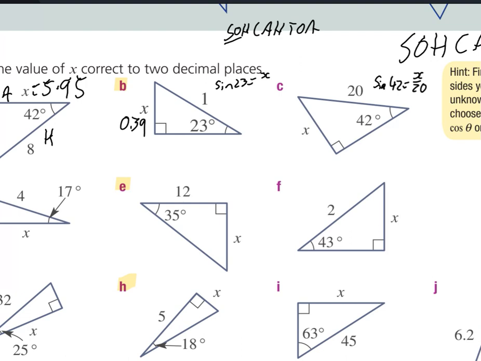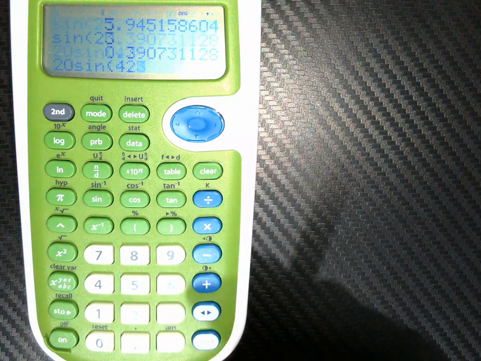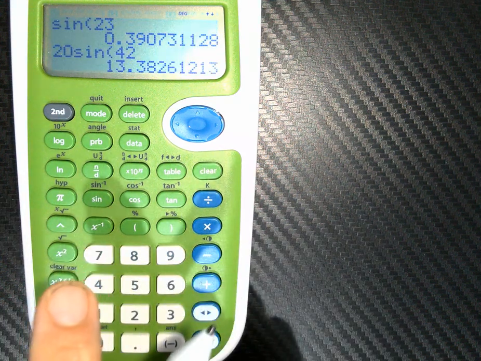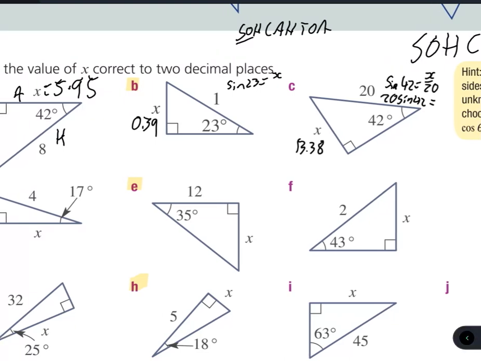That means that I multiply both sides by 20, so I get 20 sine 42. And the answer to that is 13.38. All right.